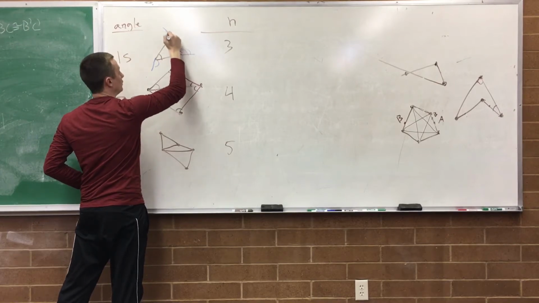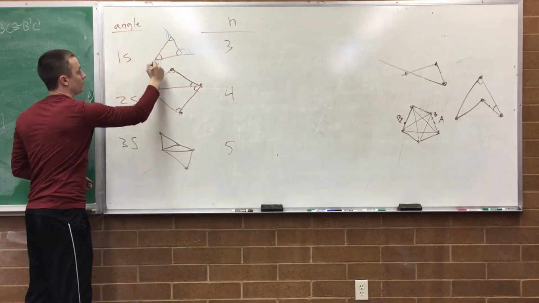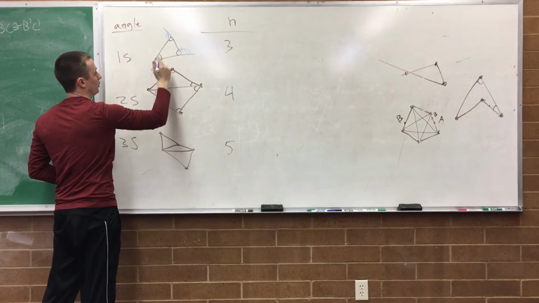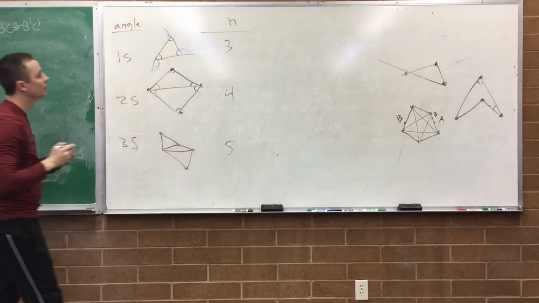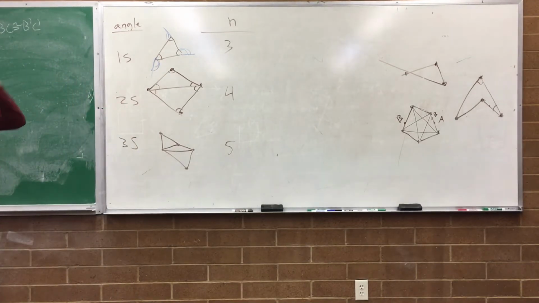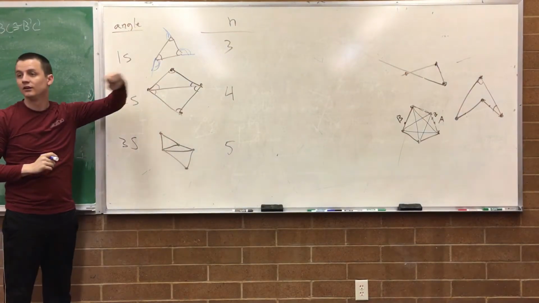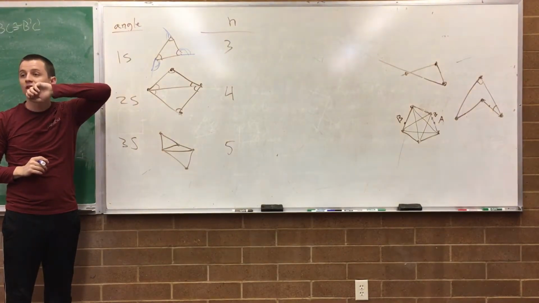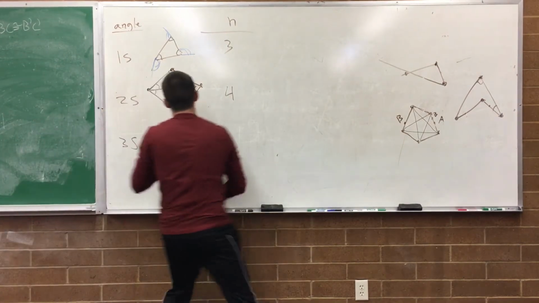Maybe I'll do two lines to show which one we're talking about. What's the sum of those going to be? Of just the blue? Yeah, of those three blue. It's always going to be two straight angles. Two straight angles, why?